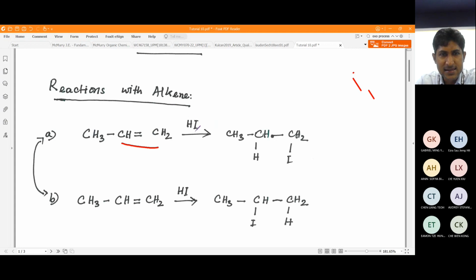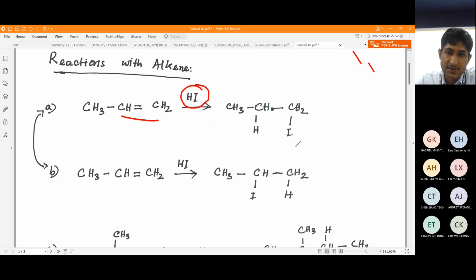So when alkene is there and you are adding a hydrohalogeno acid, what is going to happen is a Markovnikov reaction, right? The Markovnikov reaction tells that the hydrogen is going to go to the carbon that already has a lot of hydrogen, or the rich gets richer, right?